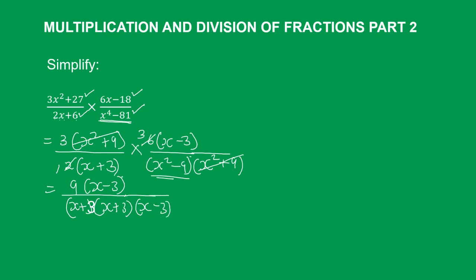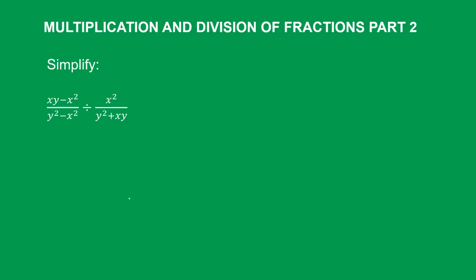Then x minus 3 divided by x minus 3 is 1. And then we have 9 over x plus 3 squared, because x plus 3 times x plus 3 is x plus 3 squared. Right, let's look at the next one.